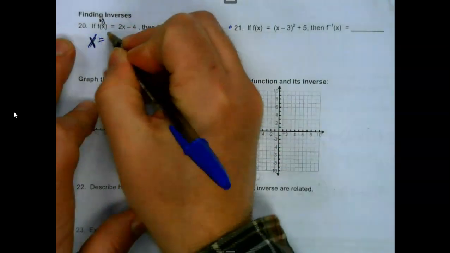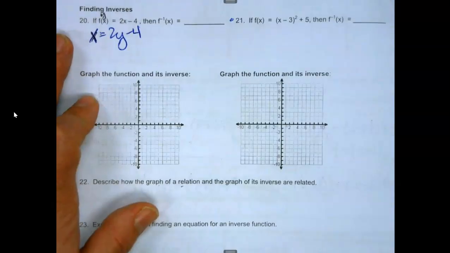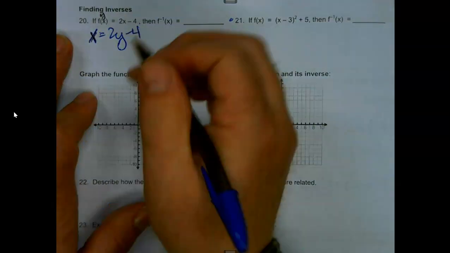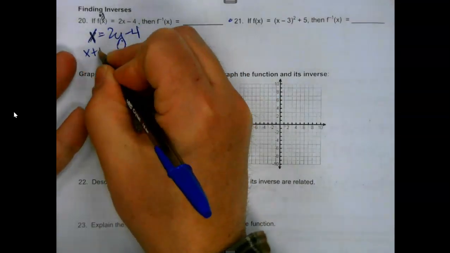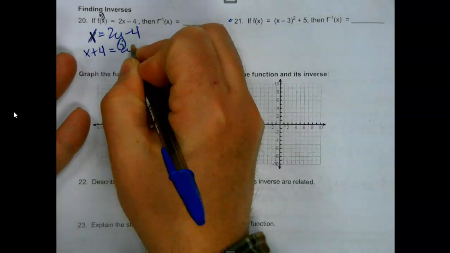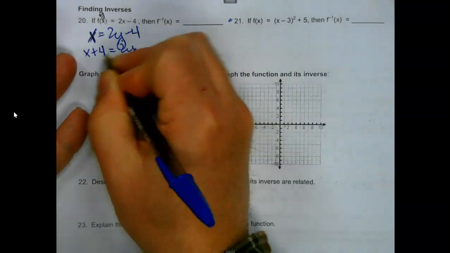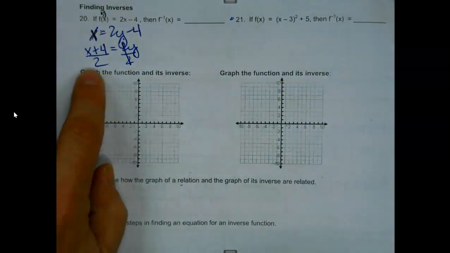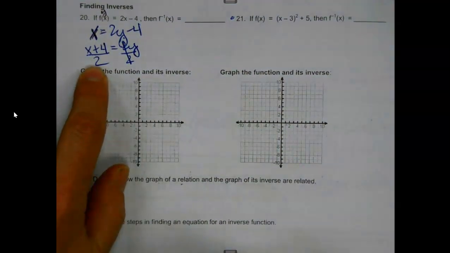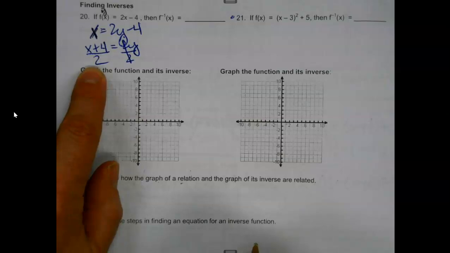x equals 2y minus 4. Solving for y. Add my 4 over. We're going to divide by 2. Now, again, if this was straight algebra, I probably would leave it like that. But I have to graph this.